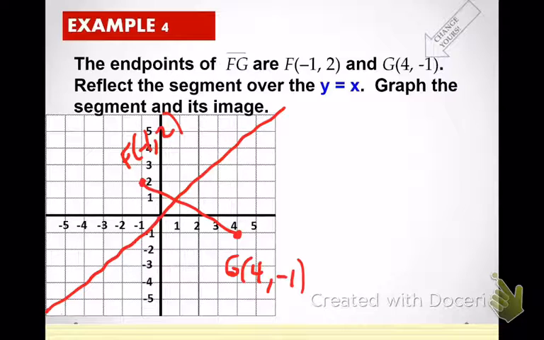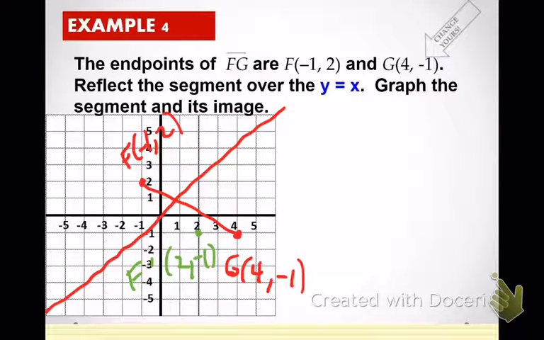Yeah, you just switch them. So our new point is 2, negative 1: 2 over, negative 1 down. There's our new point. That's F prime.